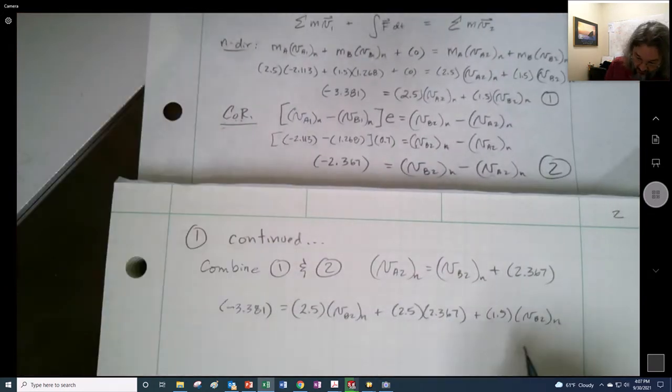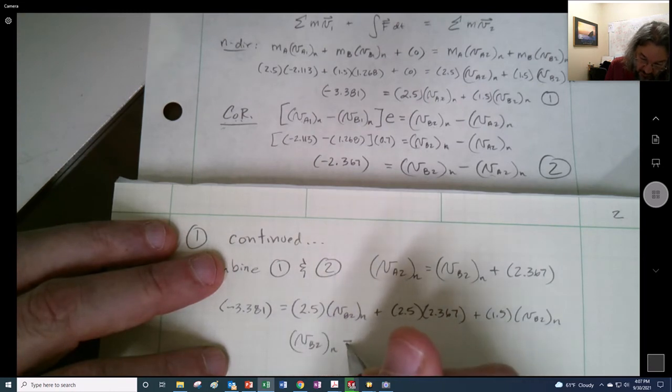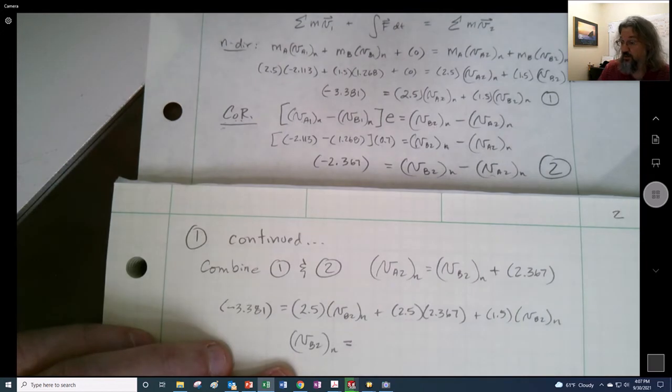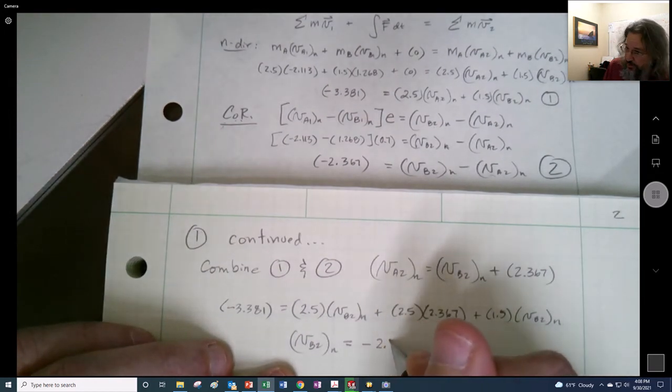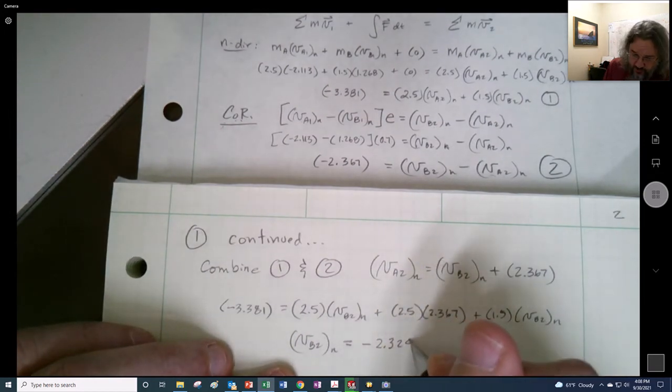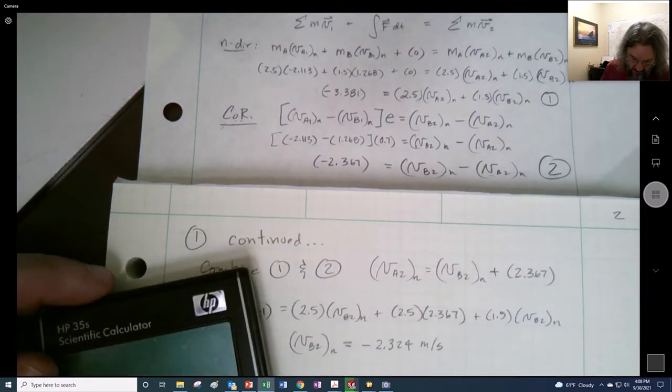So now we can solve for VB2. And I'm pretty sure I got this right, but I don't like how I wrote that down. I do believe it is going to be negative 2.324 meters per second. Let me just double check it. I'll check the numbers.